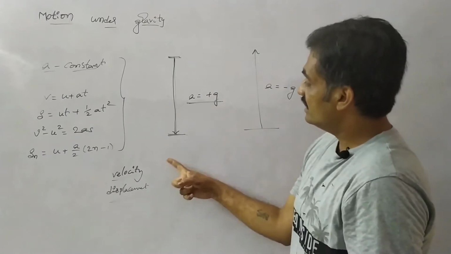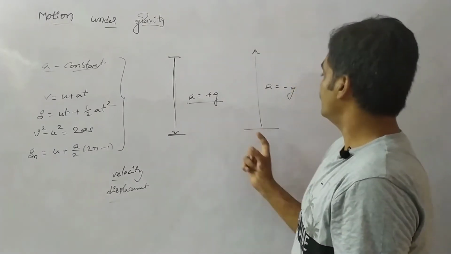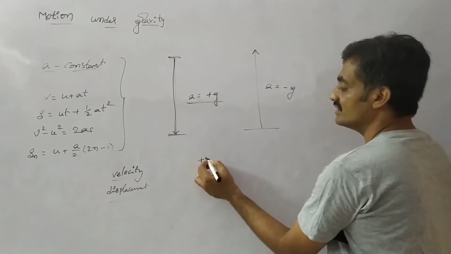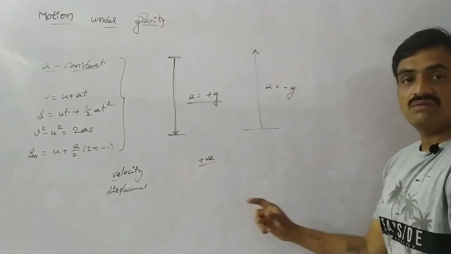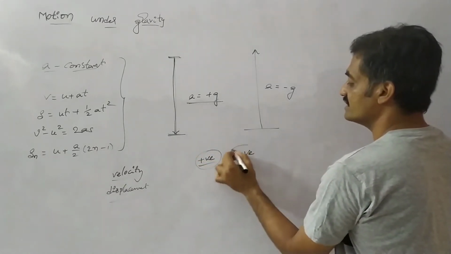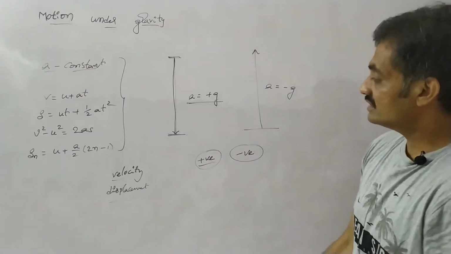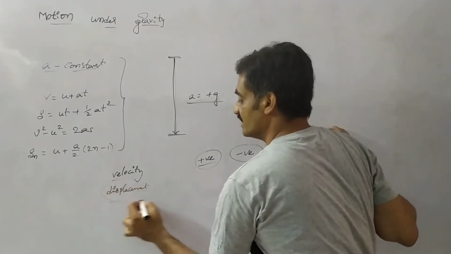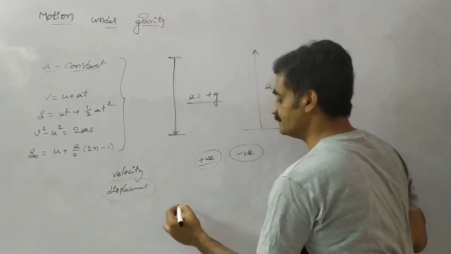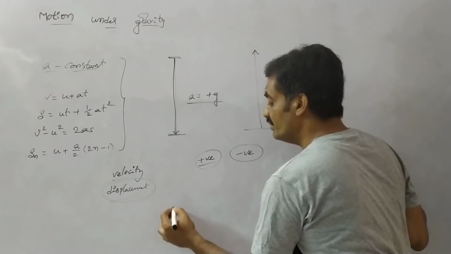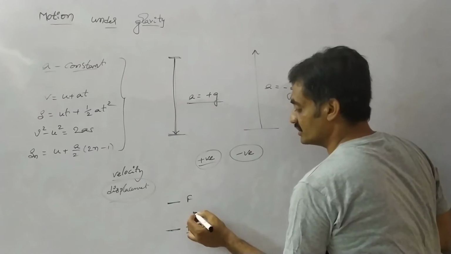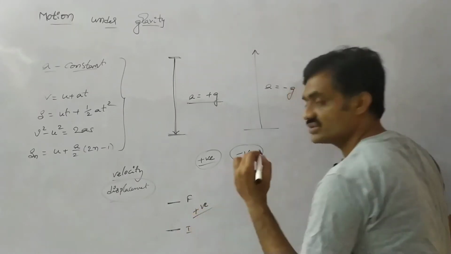Coming to velocity, if the body is traveling in the upward direction, then we consider velocity as constant. If the body is traveling in the downward direction, we consider the velocity as negative. In the case of displacement, if the initial position is below the final position, then we consider the displacement as constant.